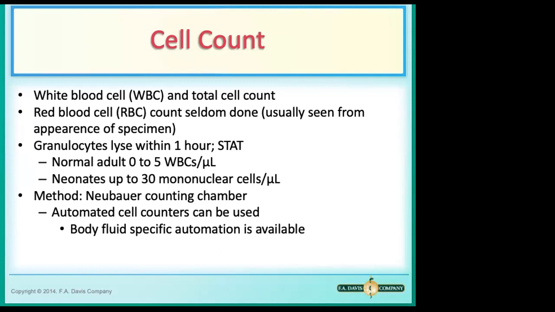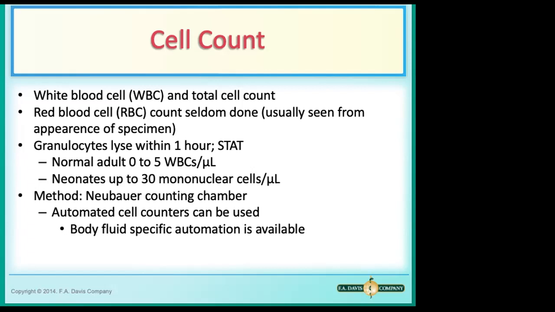Typically the red blood cells are not present in the CSF, so red blood cell counts are seldom done, usually seen from the appearance of the specimen, and if we see them, we really don't count them. What we're really concerned with is the count of the white blood cells and the total cell count when we're looking at CSF.